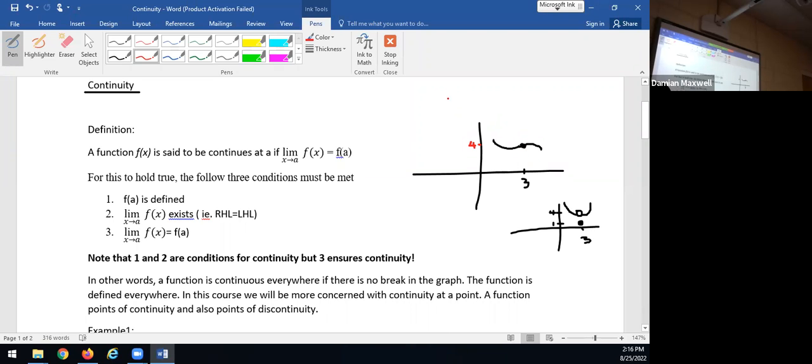So in this particular case, what is the limit as x approaches 3 from the left? 4, right? What about the limit as x approaches 3 from the right? It's also 4, very good.